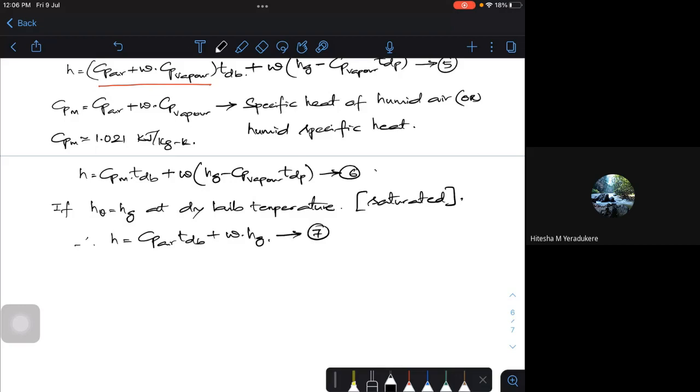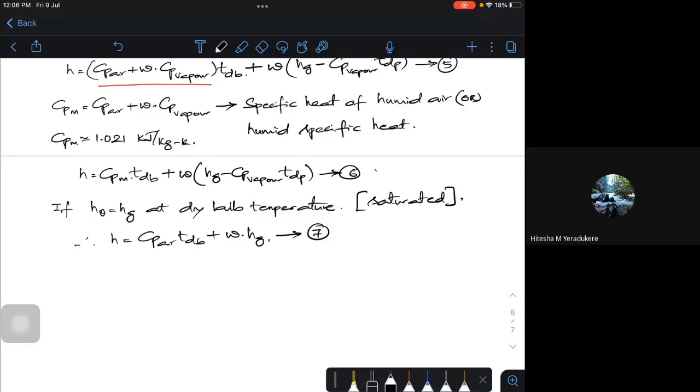Now, there is a better approximation. For this condition, they have found the latent heat by taking the reference state of enthalpy as 0 for a saturated liquid at 0 degrees Celsius.